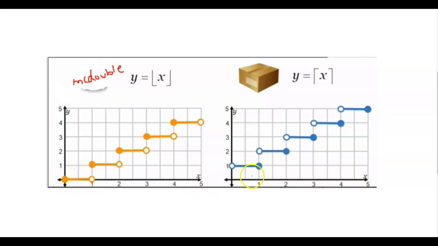On my ceiling function between 0 and 1, I'm at 1, because we're rounding up between each interval. That's the difference. And you can see now why one is called the floor, because you're at the bottom between each interval, and one is the ceiling because you'll always be at the top between each interval.